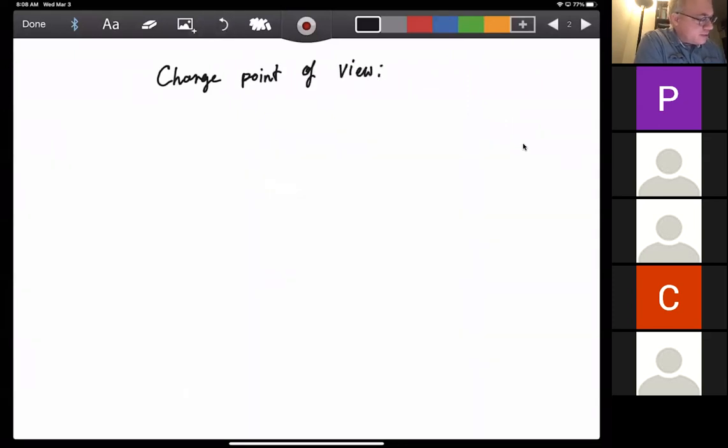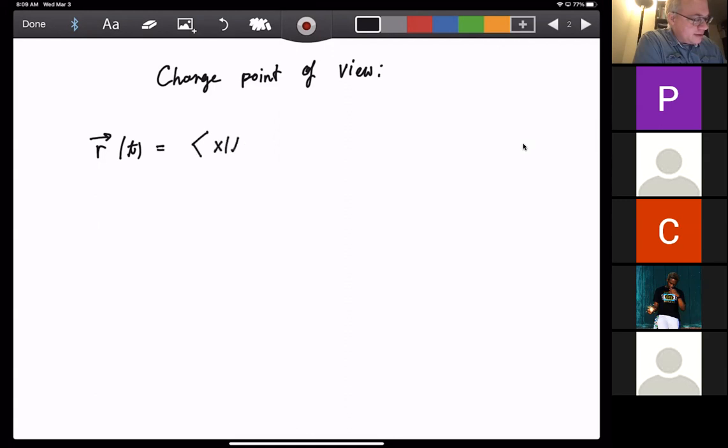So by changing our point of view, we can say that the vector function of our scalar variable t, right? That means we're going to have to give each component as a function of t, and why not? Let's just give this as a three-dimensional vector, right?